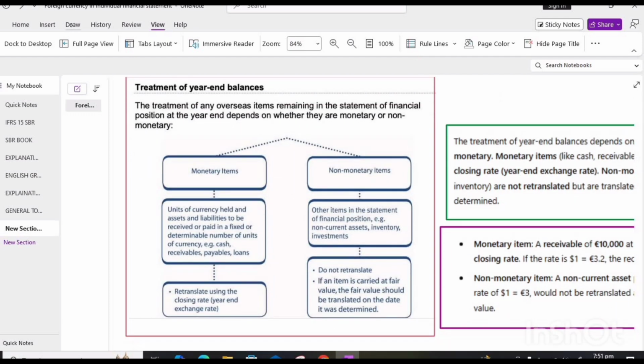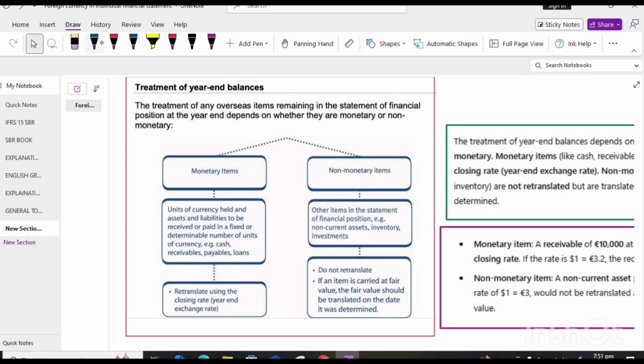So here, if you see, the treatment of year-end balances: the treatment of any overseas item remaining in the statement of financial position at the year end depends on whether it is a monetary item or a non-monetary item.